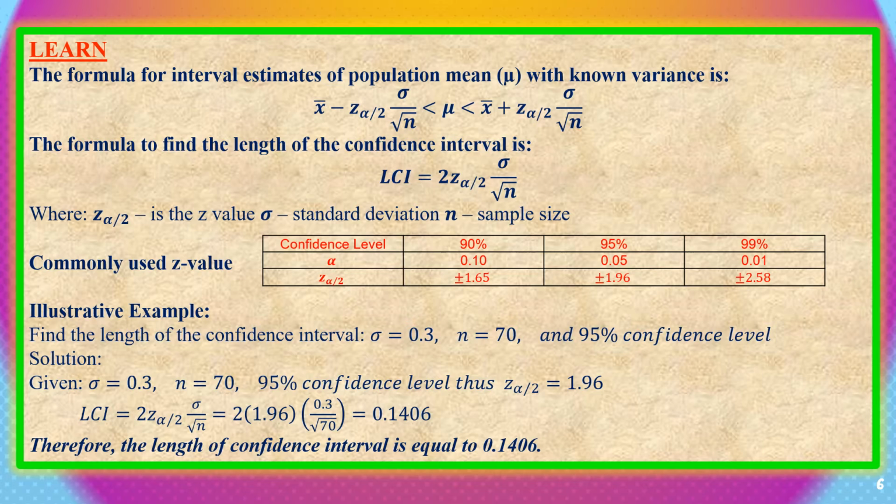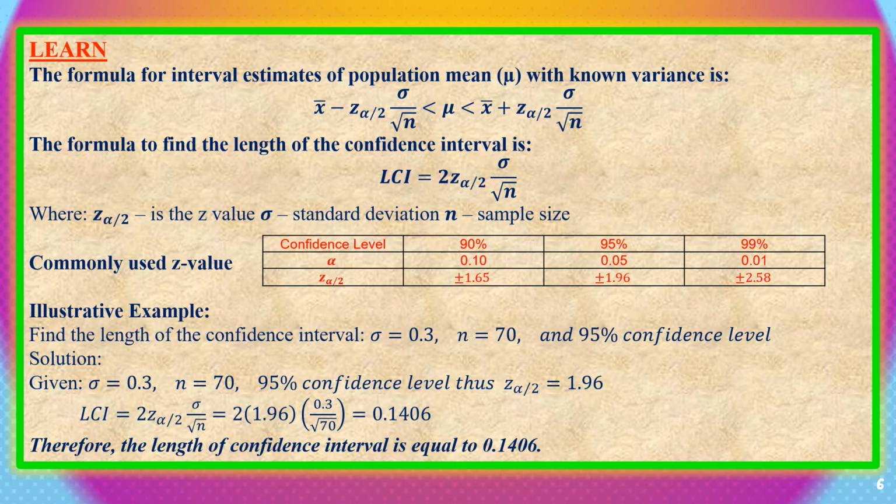So we have commonly used z values with the confidence levels of 90%, 95%, and 99%. So our alpha for 90% is 0.10, for 95% is 0.05, for 99% you have 0.01. So if we're going to look for the value of z sub alpha over 2, for 90%, that is plus or minus 1.65.